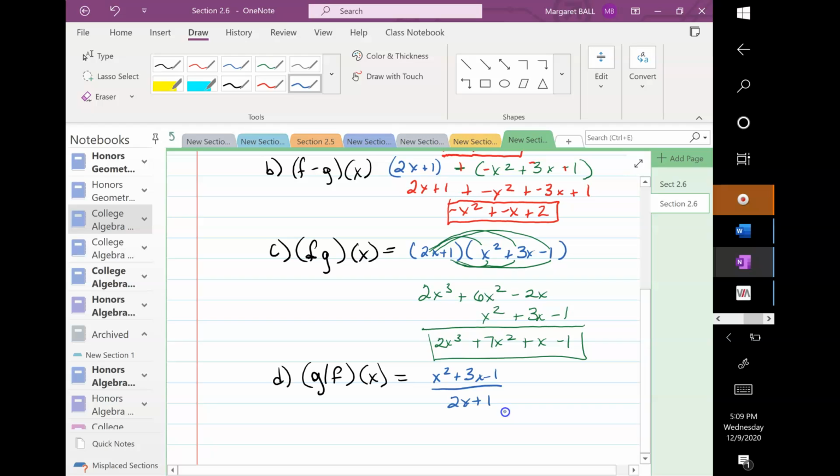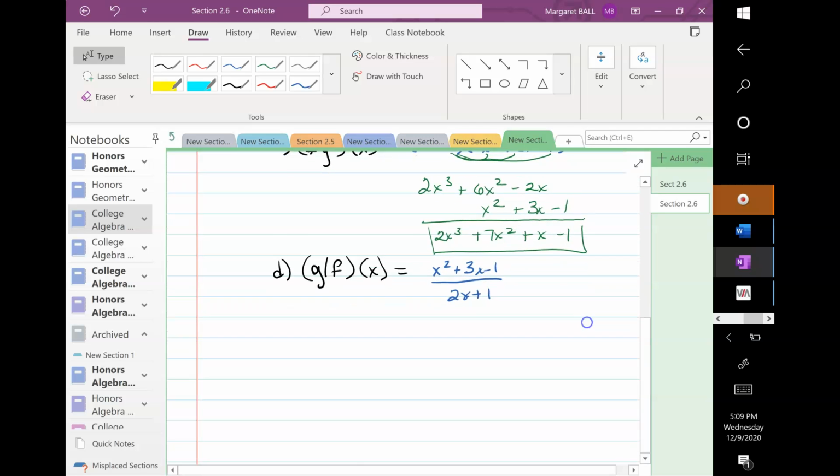Okay, nothing simplifies there. It doesn't factor, so we can't simplify that. Now, what you are going to be asked to do, because it's a fraction, is to be concerned about what the domain is. You learned about domain and functions in my absence while I was gone.